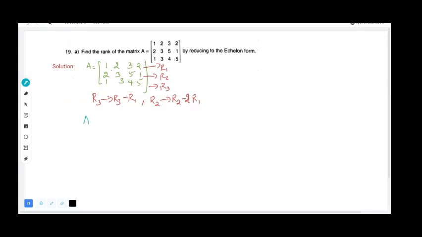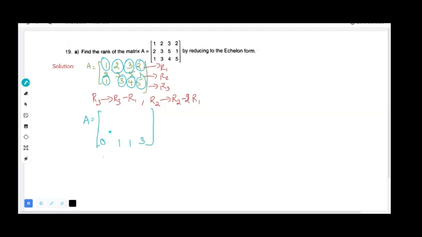We'll be changing the third row first. 1 minus 1 will be 0. 3 minus 2 will be 1. 4 minus 3 will be 1. 5 minus 2 will be 3.